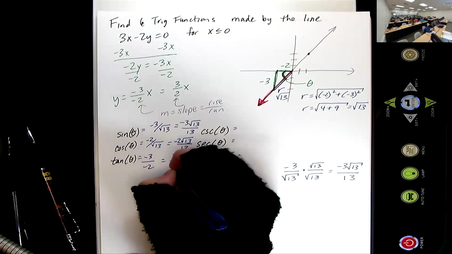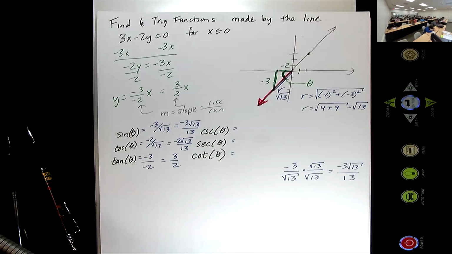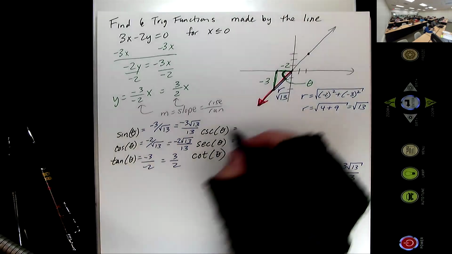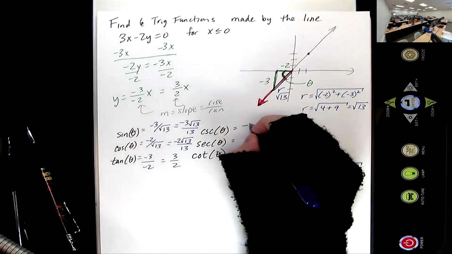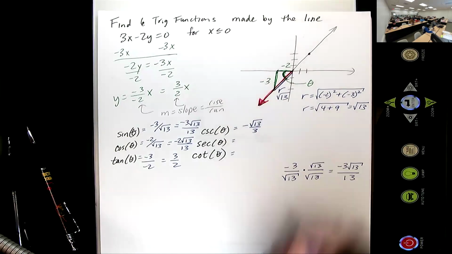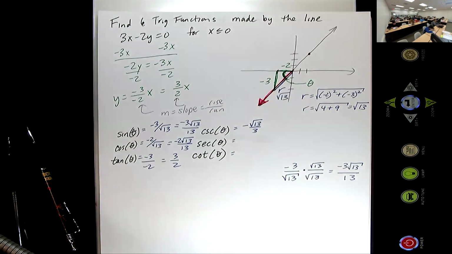The two negatives will cancel out and we'll come up with a positive. Cosecant, we'll flip them. I recommend flipping the first one because it's already done. You have a radical on top now.